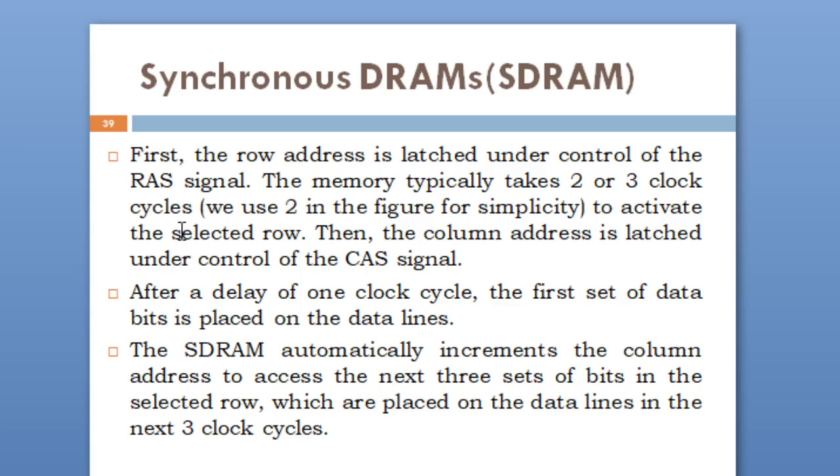To activate the selected row, then the column address is latched under control of the column address strobe signal. After a delay of 1 clock cycle, the first set of data bits is placed on the data lines. The SDRAM automatically increments the column address to access the next 3 sets of bits in the selected row, which are placed on the data lines in the next 3 clock cycles.